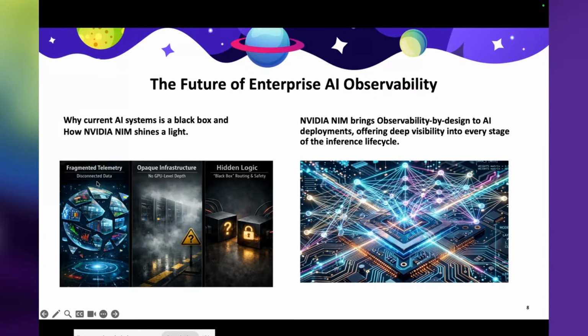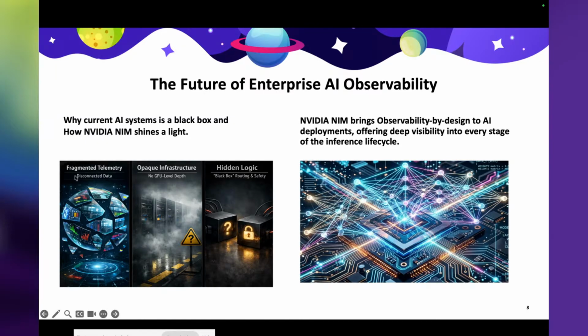First comes fragmented telemetry, where our logs, metrics, and traces are completely disconnected, and it seems like we are flying blind. Second comes opaque infrastructure. Here we have almost zero visibility into what the underlying hardware, specifically the GPUs, is actually doing under the hood.